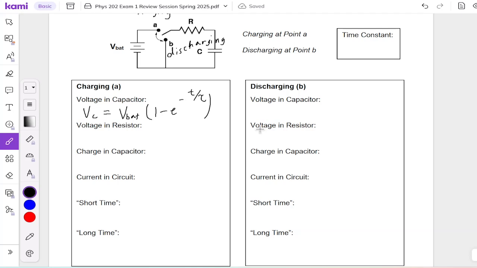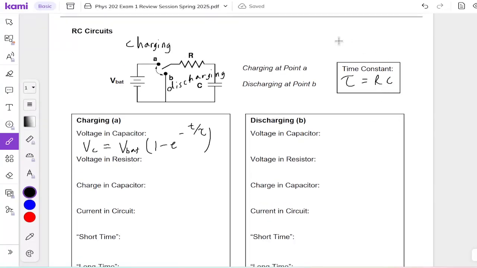Which reminds me, I didn't talk about tau yet. That's this box over here. Time constant tau equals RC, resistor times capacitor. And you do have to convert these to the right units. A lot of times they'll give you capacitance in, let's say, 10 microfarads.